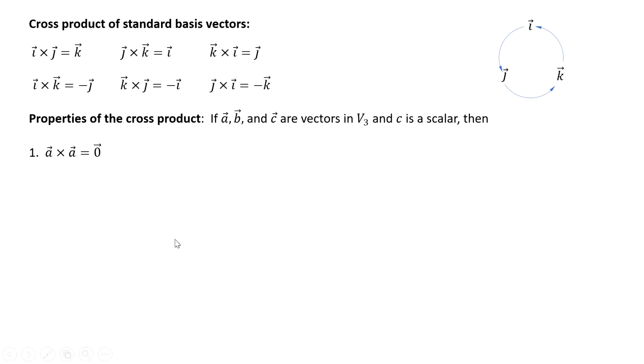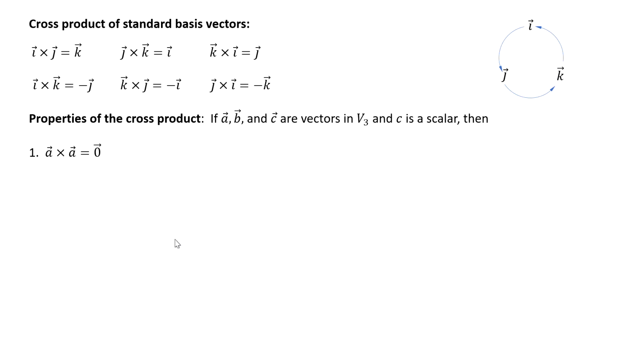A cross A is equal to 0. What? A cross A is equal to 0. Why? But wait a minute. Isn't the magnitude of A cross B equal to magnitude A times magnitude B times sine theta? If we're talking about A cross A, what is the angle between A and A itself?